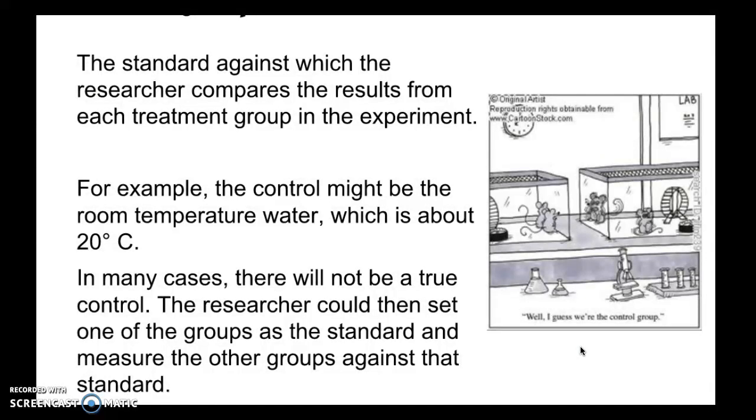All right, so a control group, on the other hand, is the standard against which we're measuring our experimental groups. So I'll go back to the class example where we're playing a horror game. When we sit for 5 minutes and take our heart rate for 5 minutes, that's our control group in that experiment.